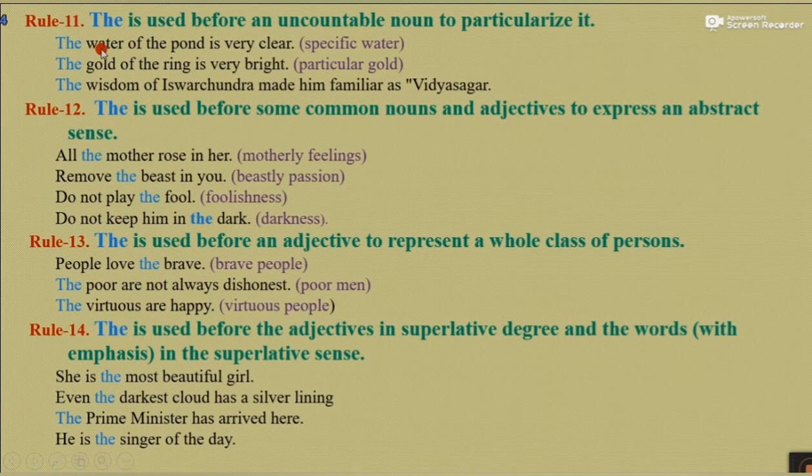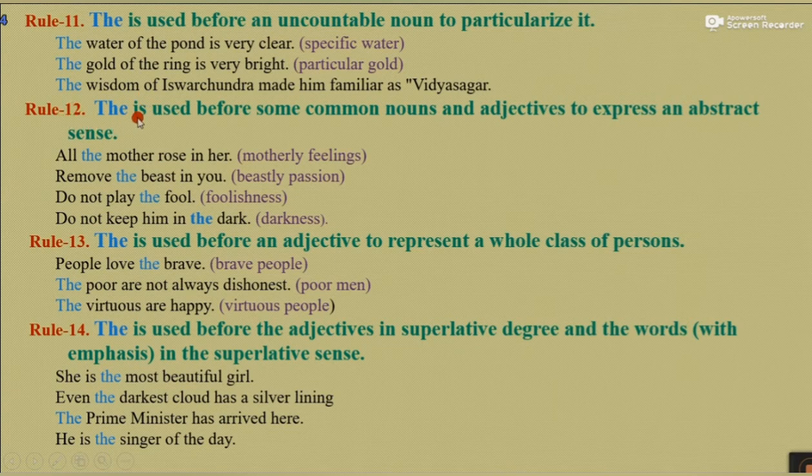The gold of the ring is very bright. The wisdom of Ishwar made him famous as Vidyasagar. The wisdom of Ishwar Chandra. So the is used before wisdom.